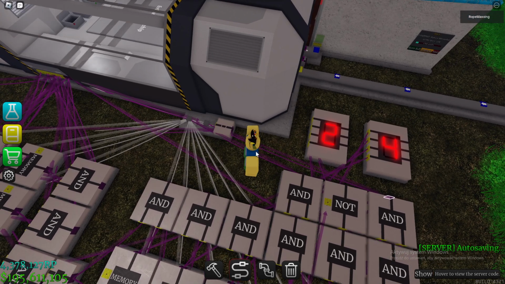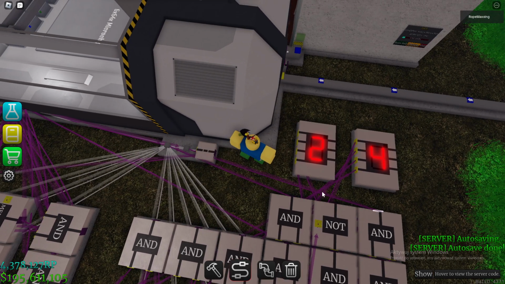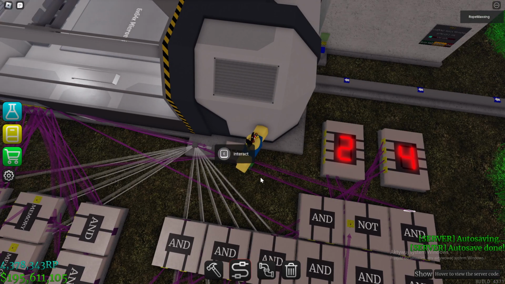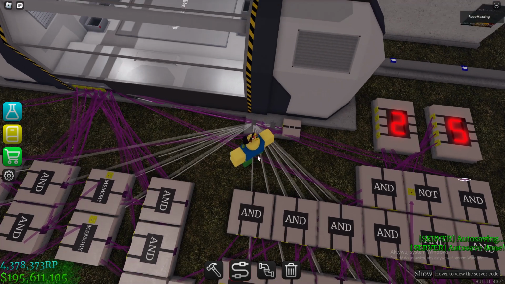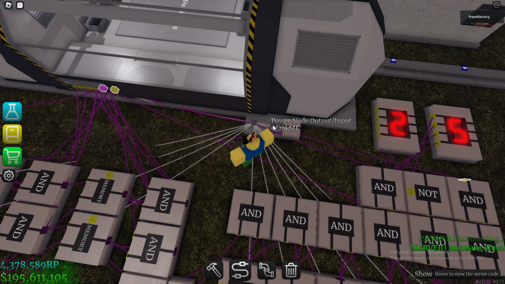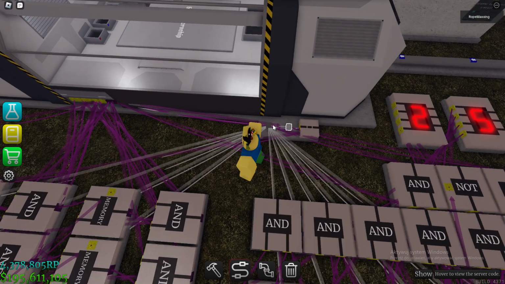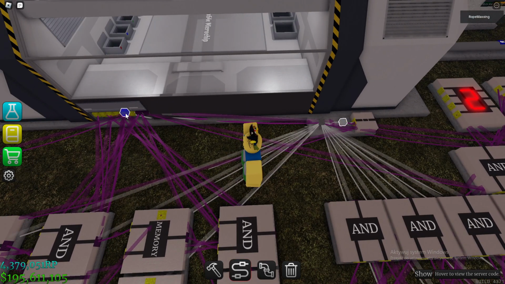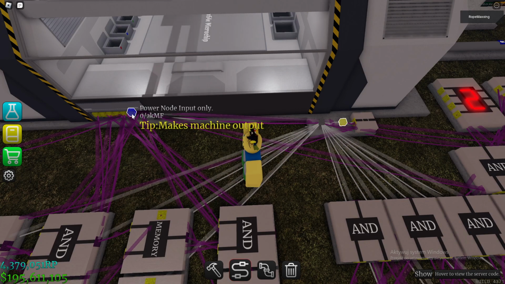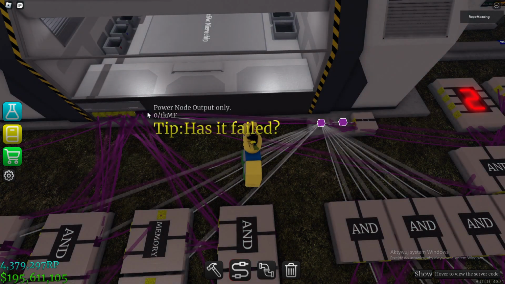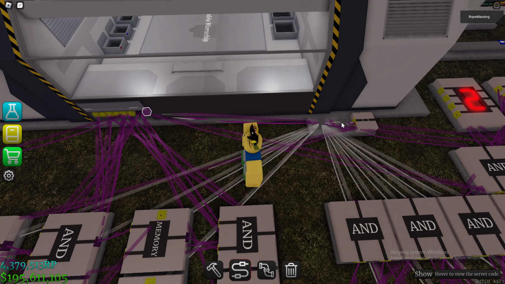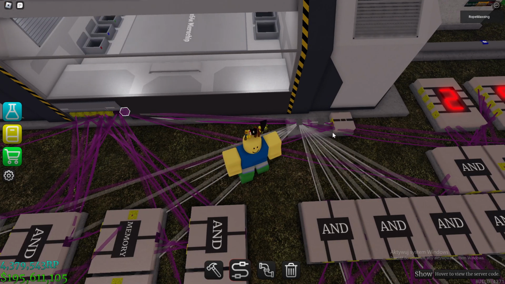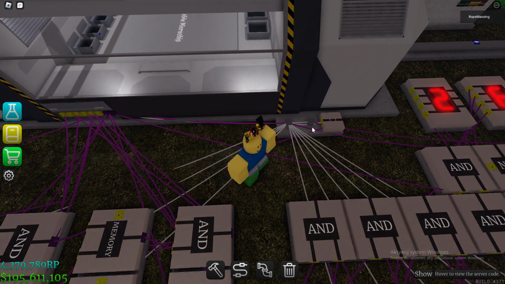Connect it into the output NOT. And after that, connect the output NOT into the machine output, and also connect the has it failed into this NOT, and also connect this NOT.